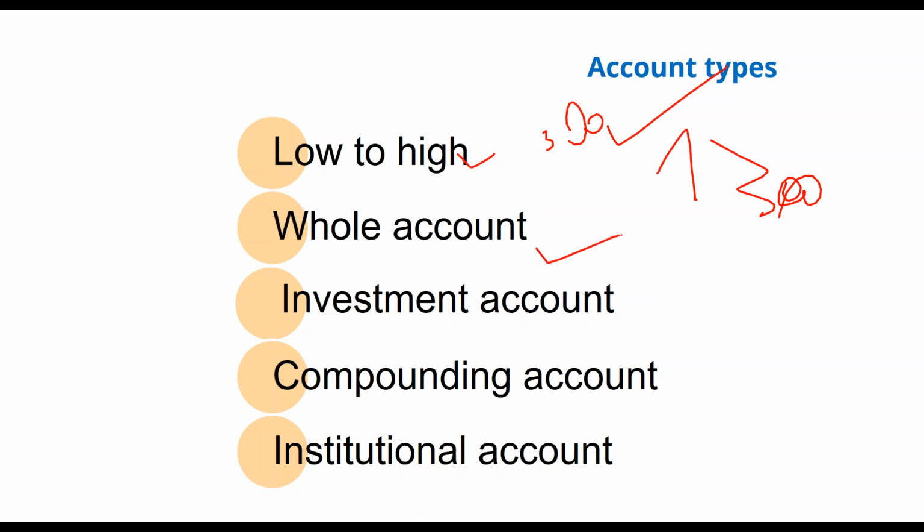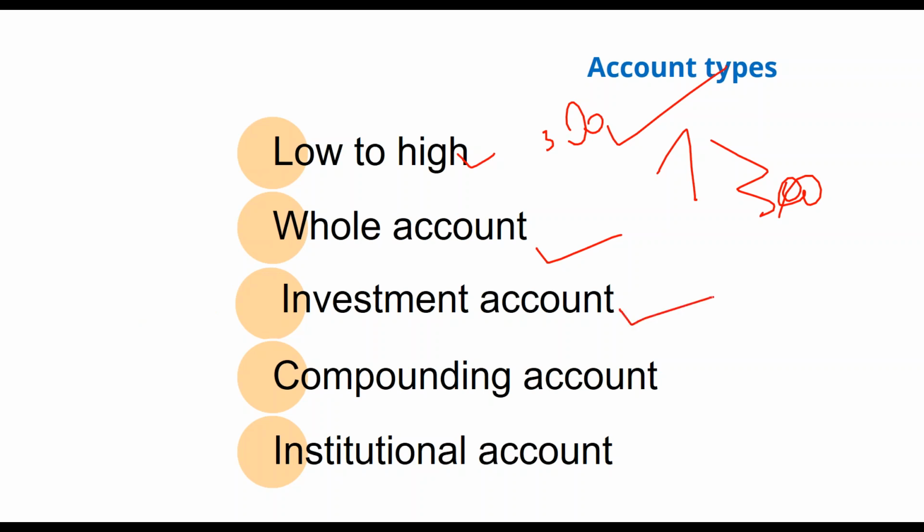Then whole account risk is gambling. If you really want to make 10,000 out of 10,000, you're using your whole equity basically as a risk. So you need to be prepared either for a big win or a big loss.